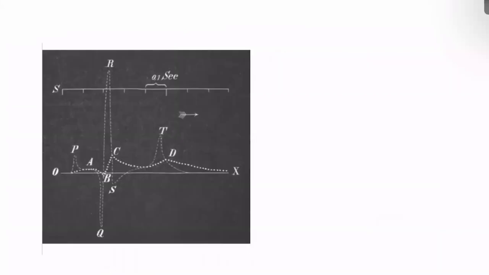Okay, in 1895, Einthoven. I think you all might know Einthoven because he is very famous regarding the ECG. Einthoven found out that there are more than two waves, more than V1 and V2.